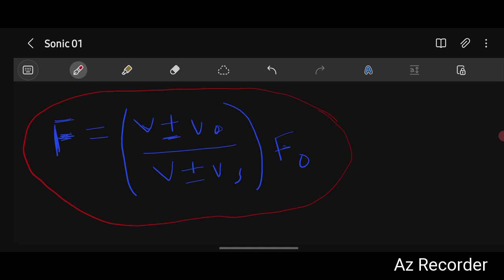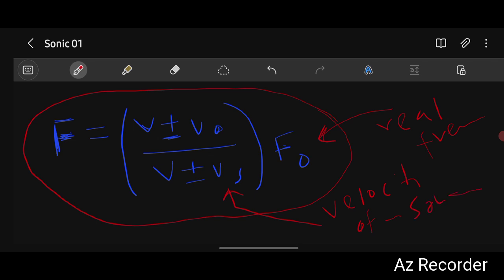If we name these, this is the real frequency. This is the velocity, not relative, of the source.